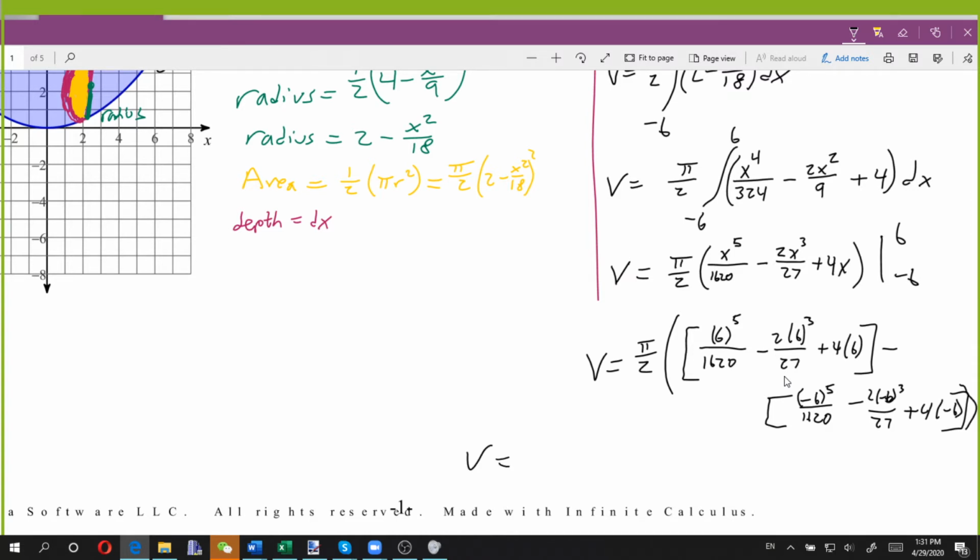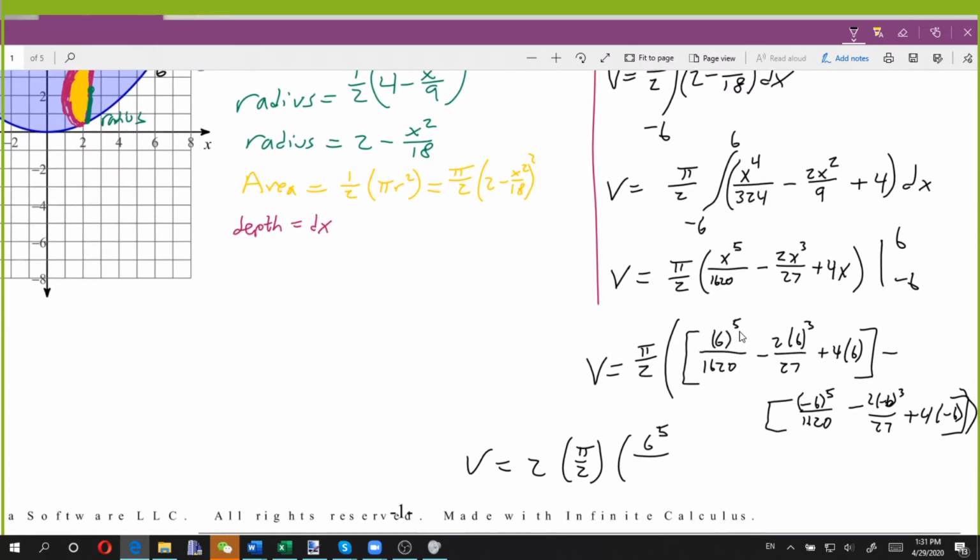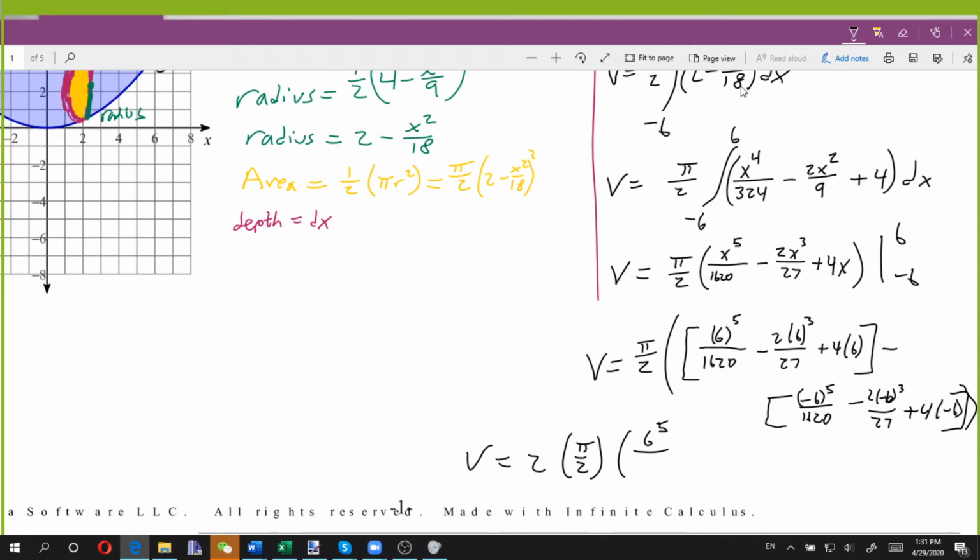So I could say our volume is 2 times pi halves times whatever this is. Okay, so we said 1620 was 18 squared. 18 is 6 by 3. And then we multiplied by 5.